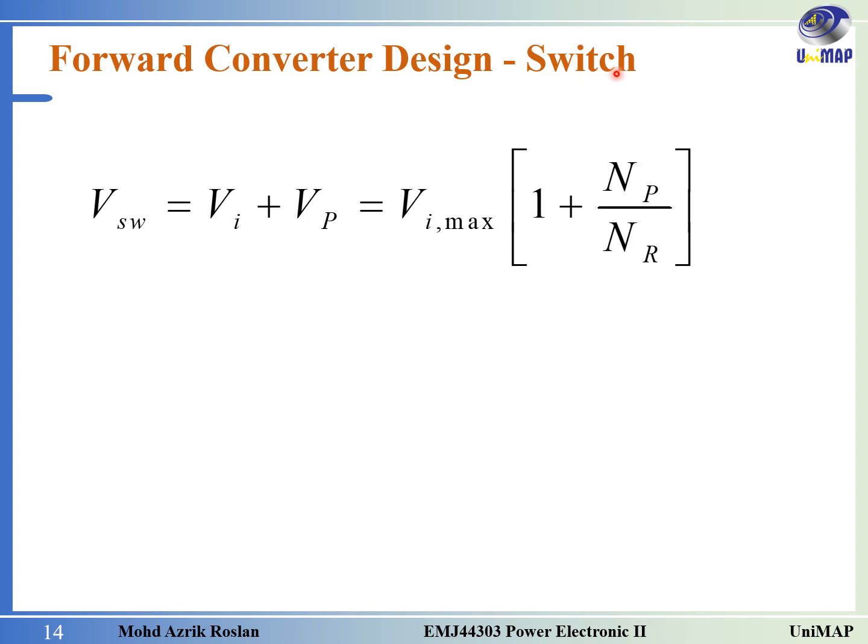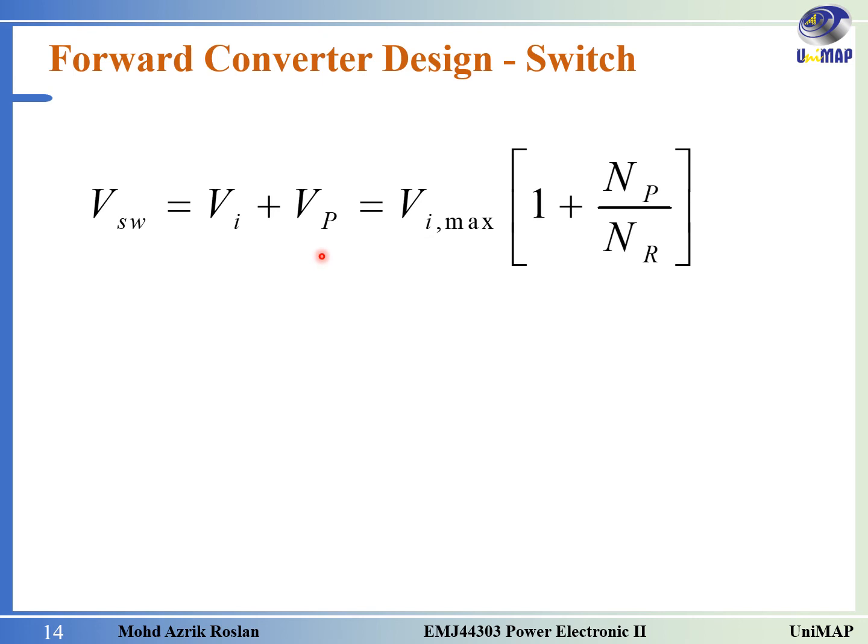Okay, the next one is the switch design. Why do we need to determine the voltage rating of the switch? Because when the switch turns off, our switch will have to withstand a big value of voltage.